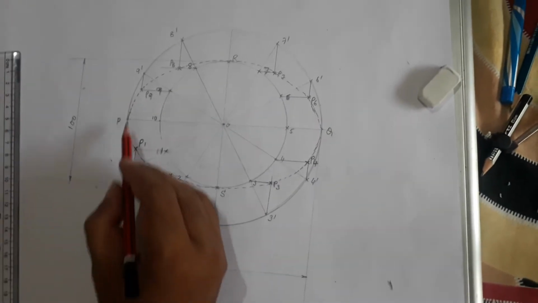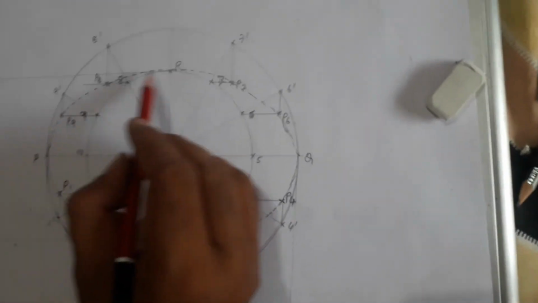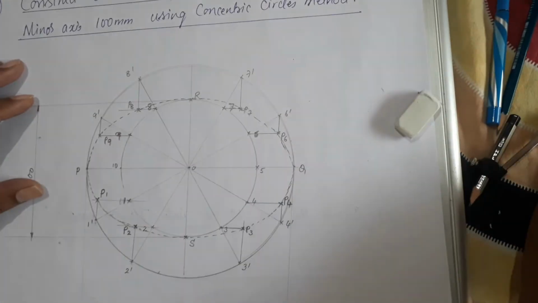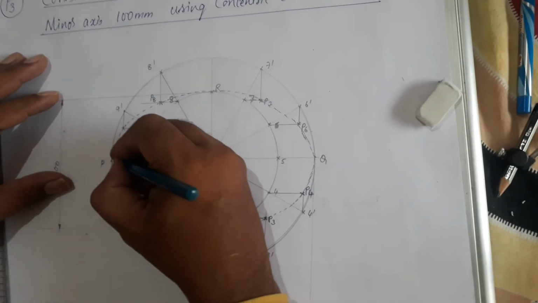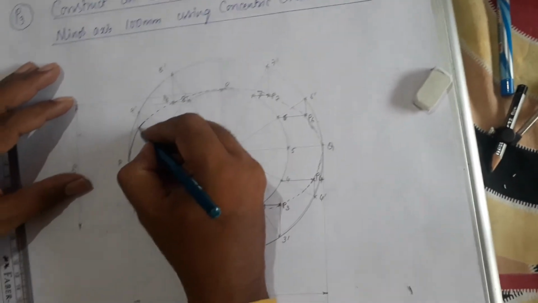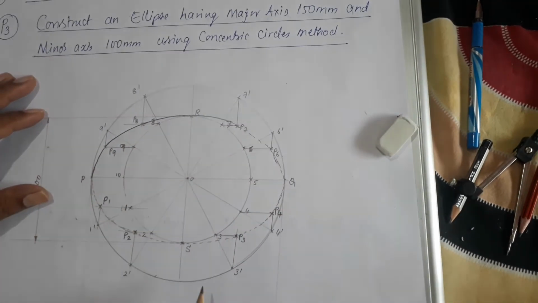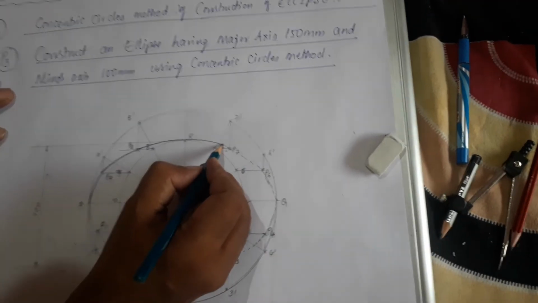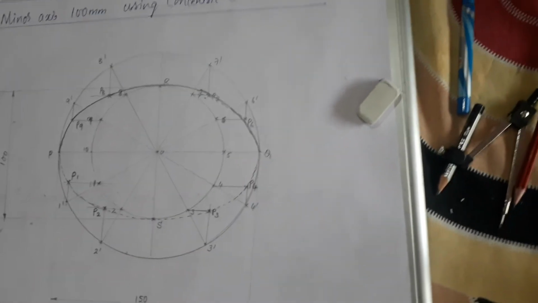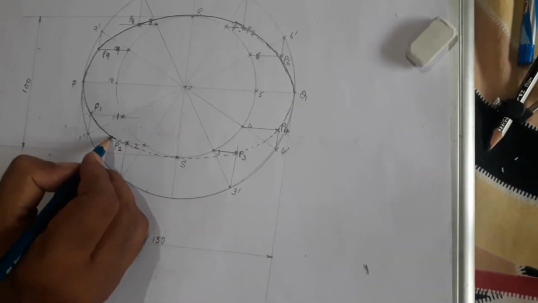Like this, you join all the points first by means of a dotted line. After joining all the points by dotted lines, then you have to darken it, joining all the points by means of a dark line.